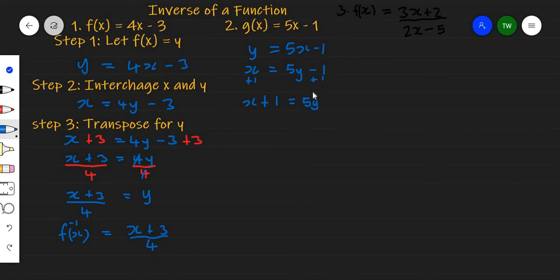Now I want y by itself, so I'm simply going to divide both sides by 5. So I'm going to divide this side by 5, and I'm going to divide this side by 5. So 5 will cancel out 5, so I'm left with y is going to equal x plus 1 all over 5.